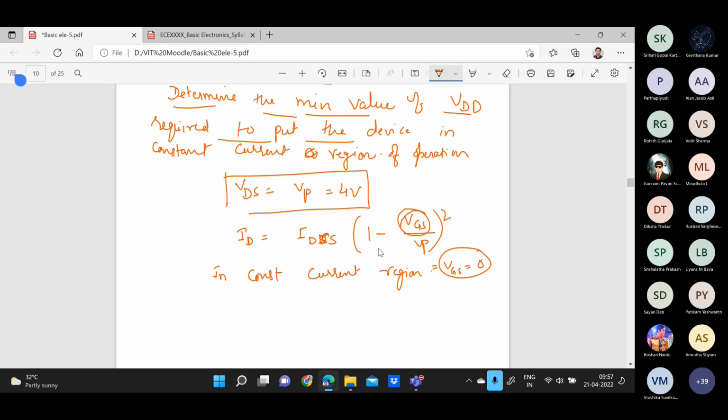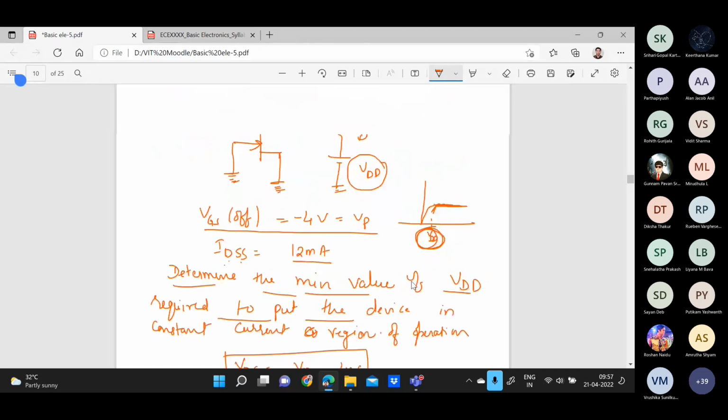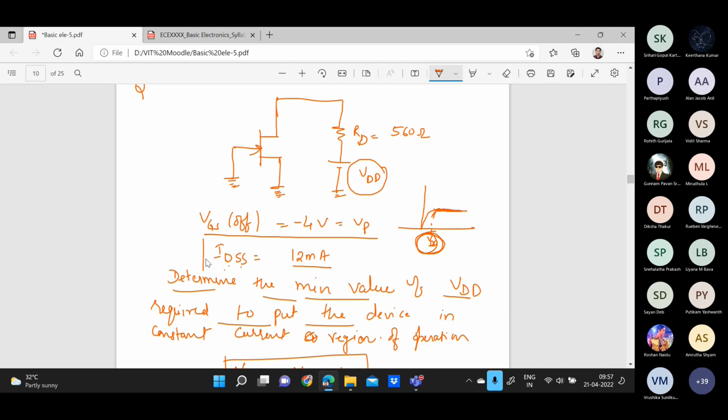Then, as this term is 0, you will get ID equal to IDSS, and that will be 12 milliamps. That is given in the question, right? IDSS is given, so the value of ID will be 12 milliamps.